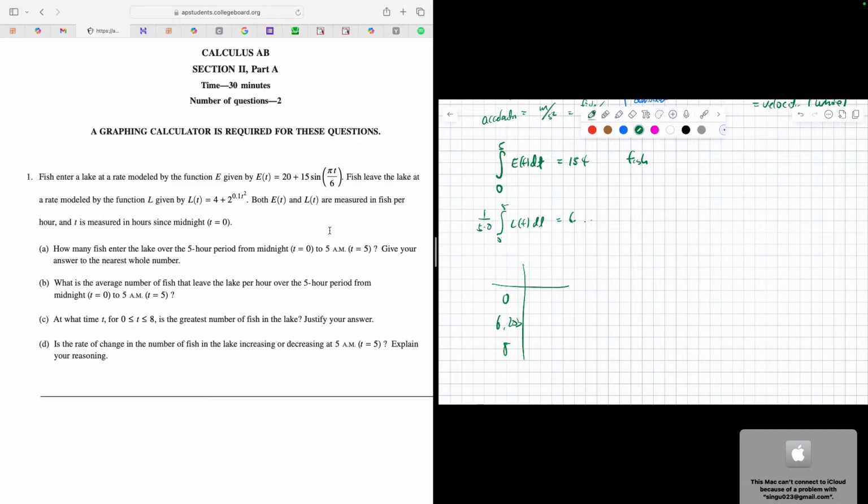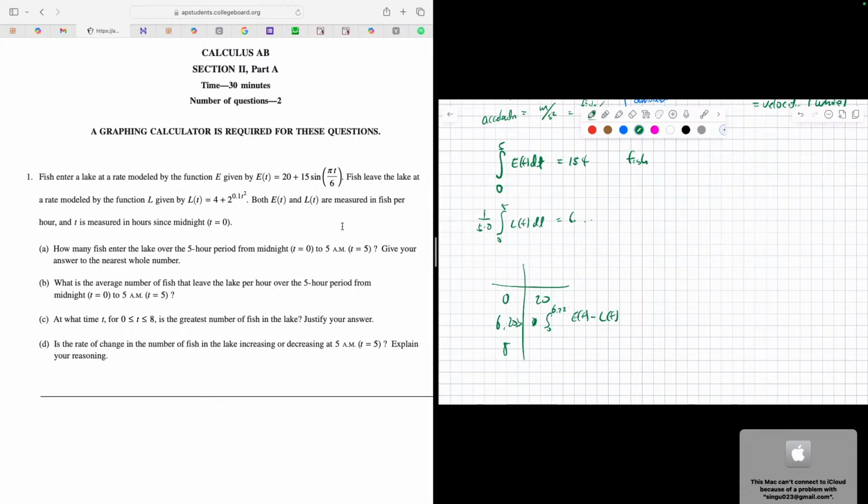Oh, okay. E of 0. Yeah, that'll be 20. So this will be 20, and there will be integration to this, right? Integration of 0 to 6.203, but it's gonna be E of t minus L of t. Is that okay? And the same thing.